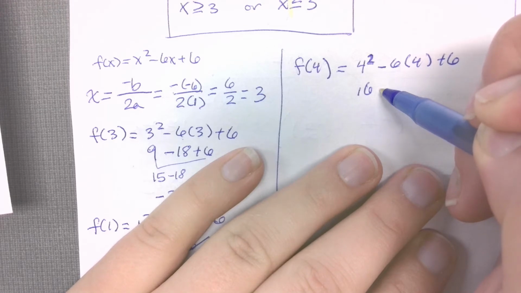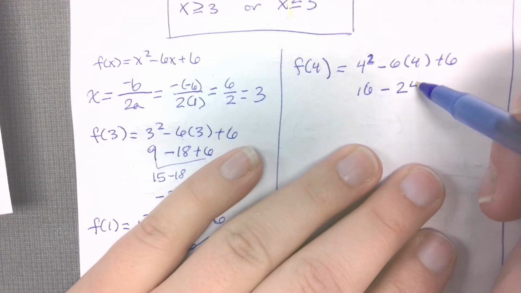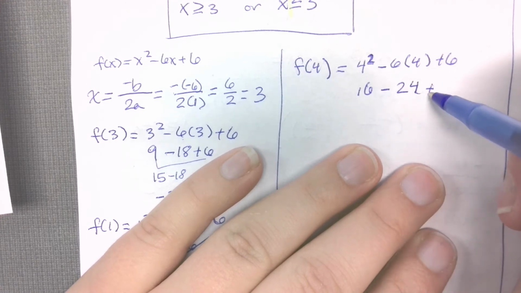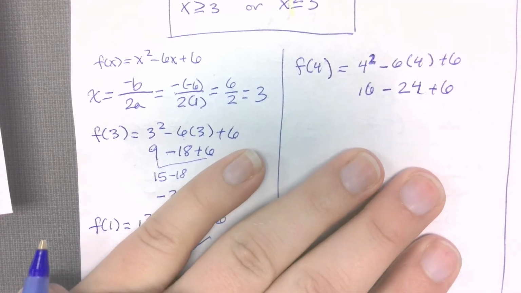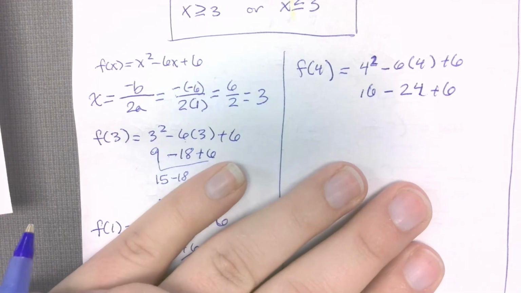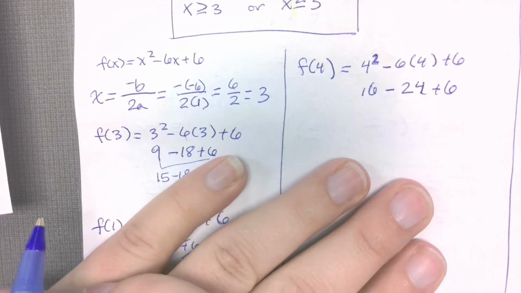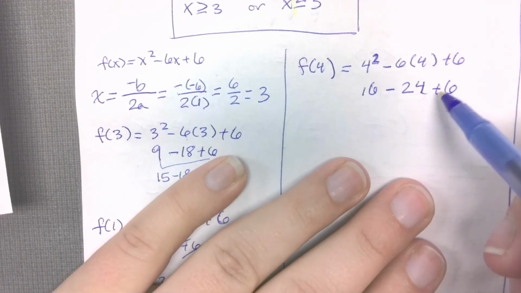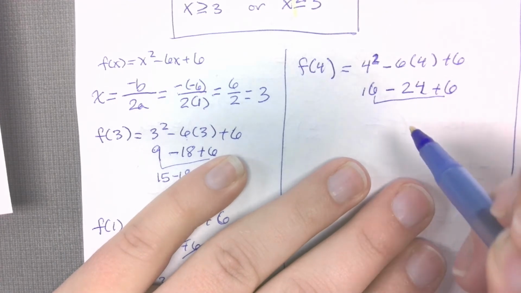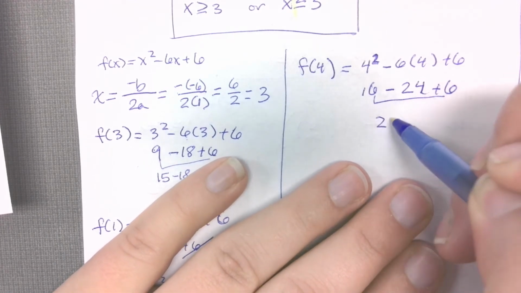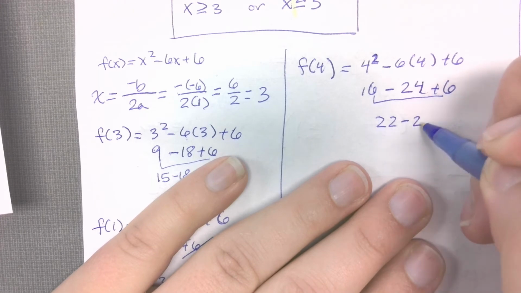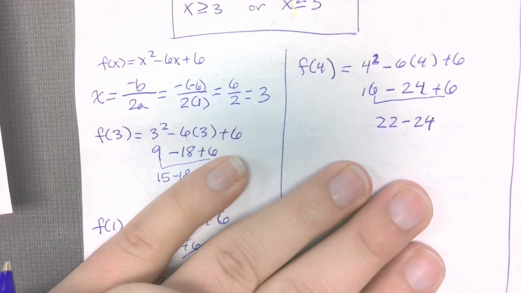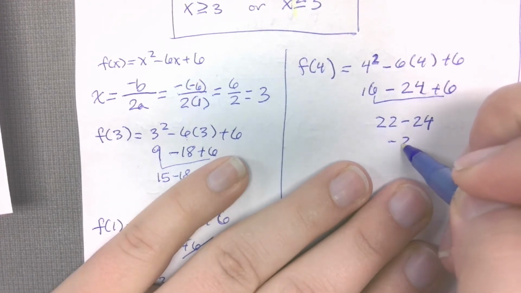Yes, Bryson. Don't forget the negative. Angel, which 2 things do you want to put together, and then give me the answer for those 2 things together? Put 16 and 6 together. What does that make? 22. Yup. Minus 24. Yup. Equals negative 2. Yeah, you got it.